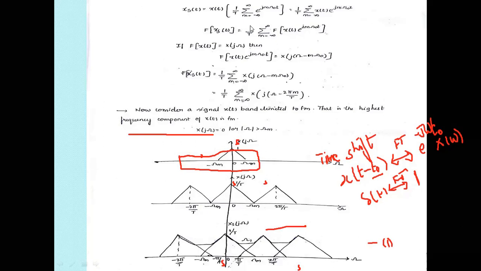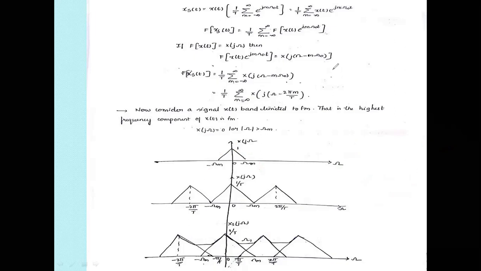And its Fourier transformation finally, by using the trigonometric Fourier series, we find out x delta of f is equal to the sampled version, 1 by Ts means nothing but the fs, sum of n equal to minus infinity, x of f minus n into fs. Got it, my students? Minus n into fs.